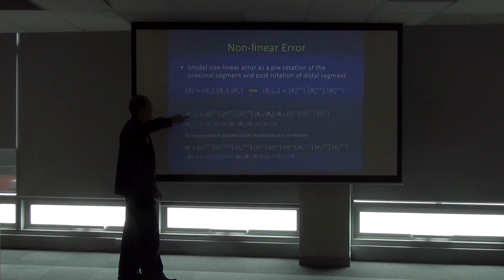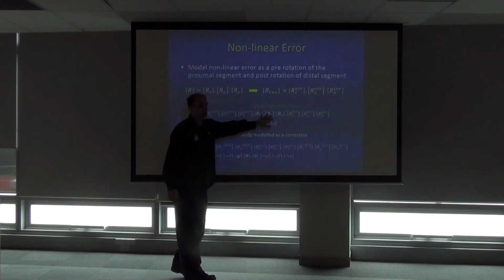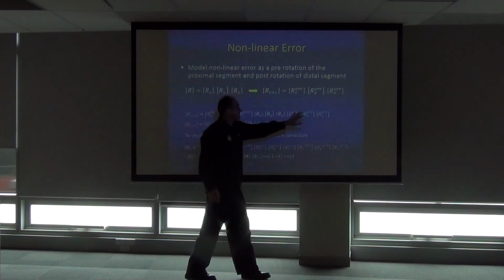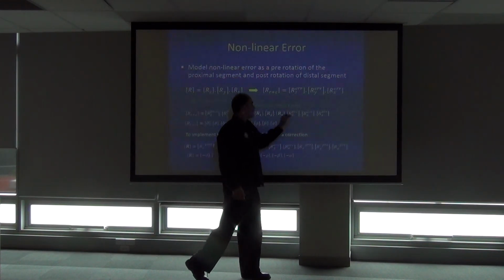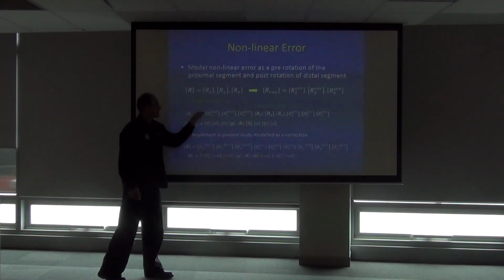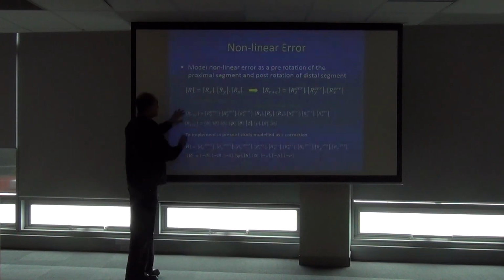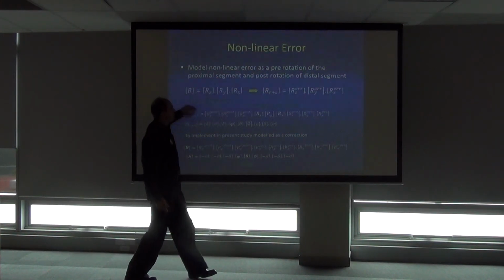This is the measured over here. There's a real rotation in there. There's an error in x, y, and z, the real rotation, and then there's an error post x, y, and z. The real plus the error giving you what is actually measured.